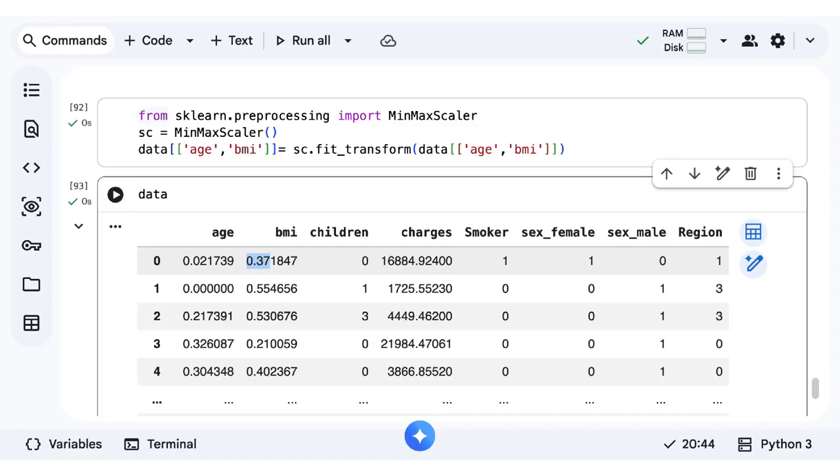What comes to your mind when I say feature transformation? You will transform the feature. How do you transform? This is what we are going to see.